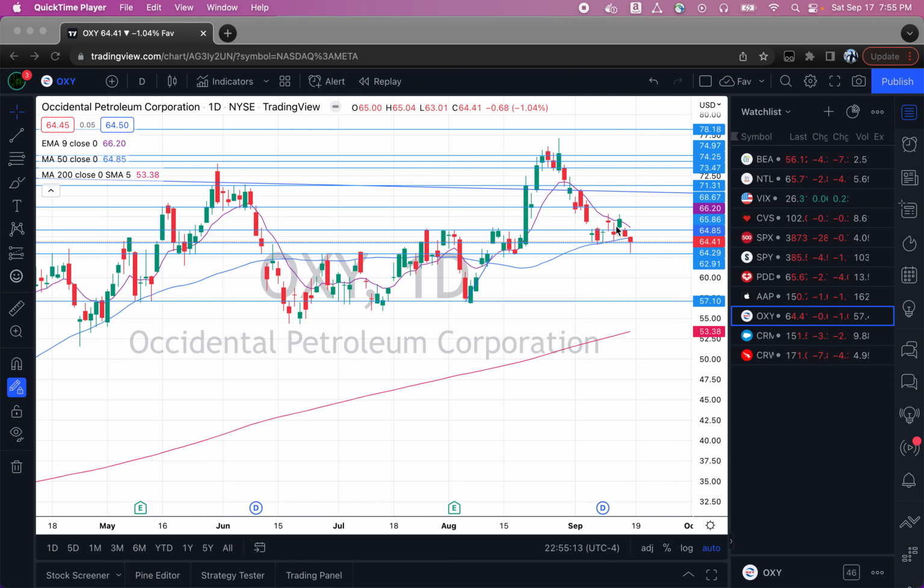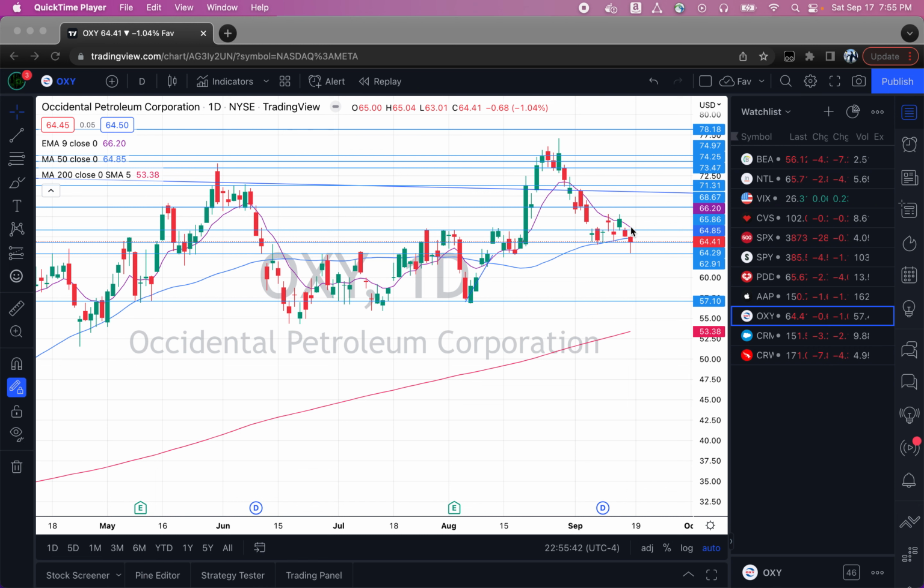After I got into position, it went against me for a bit, and even this one, I thought it was going to break out of this level, but it got denied and then closed almost below the 9 EMA. Although it closed a little bit lower than my entry, the position is still down because of the theta decay.